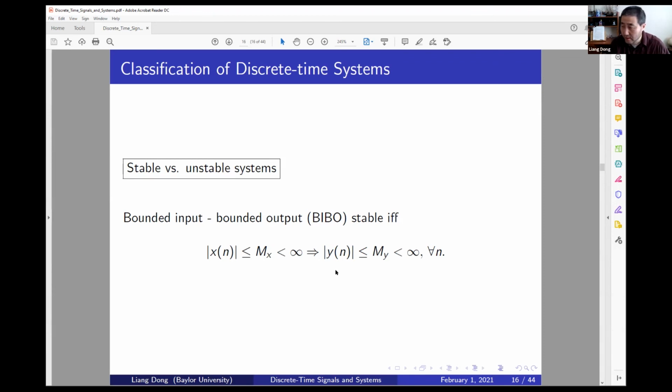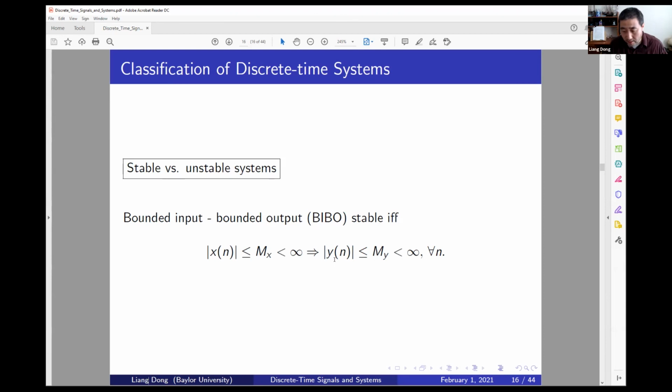Then I call this BIBO stable. If all the inputs are finite numbers, then the output is a finite number. That is easy to understand.